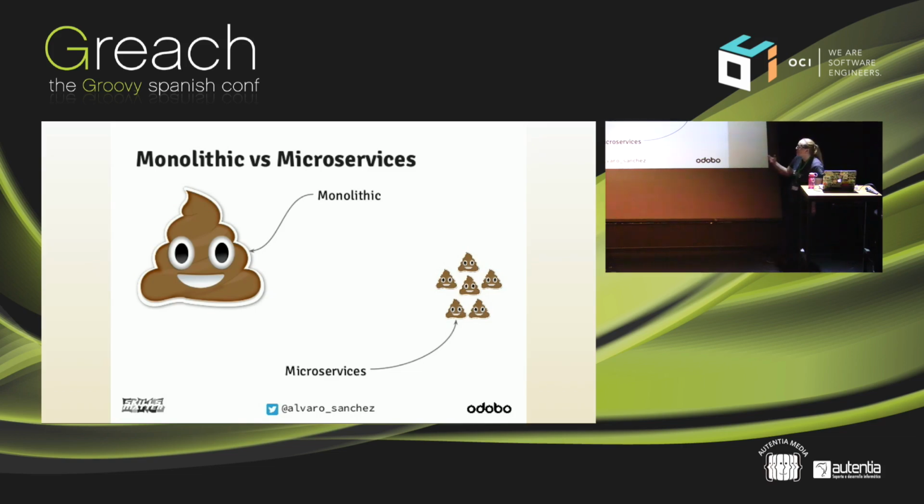Also had to bring in Alvaro's wonderful slide. So as this company had grown, it started out with this huge Grails monolith and then got split up into a bunch of different microservices. And microservices and the architecture of the system that eventually evolved played a pretty big role in documentation.